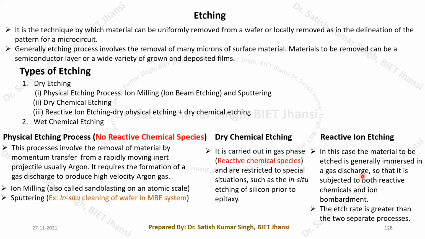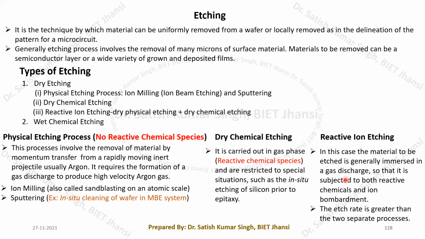Both are available within this chamber, and generally what happens is the ion beams strike onto the wafer surface, and this way weaken the chemical bonds. Then the reactive chemical species attack it chemically, and thereby are able to remove the layer from the top of the surface.